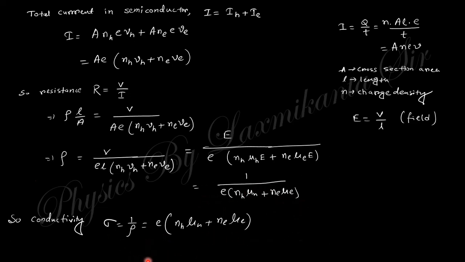So this is the conductivity of the semiconductor in terms of the hole density, hole mobility, electron density, and electron mobility. This is the total conductivity of the semiconductor.